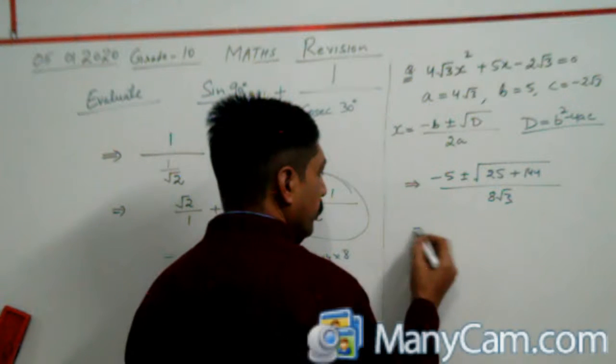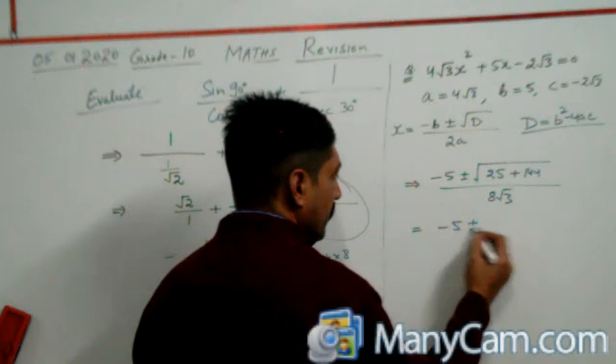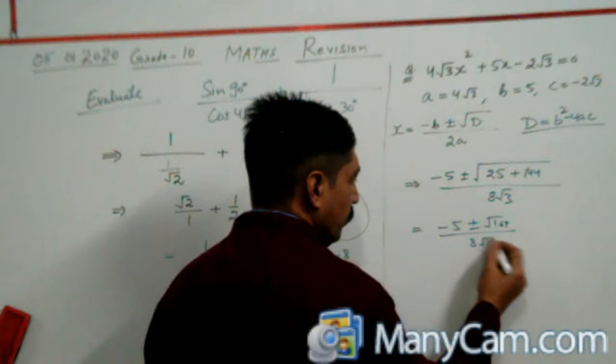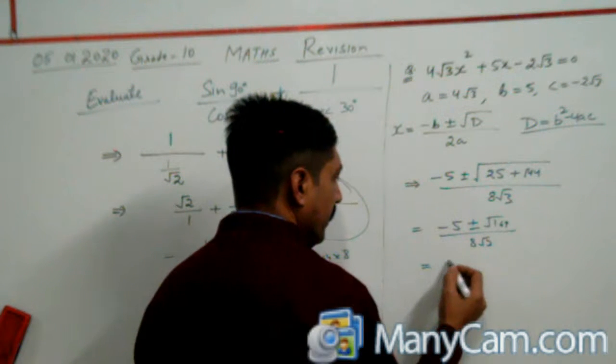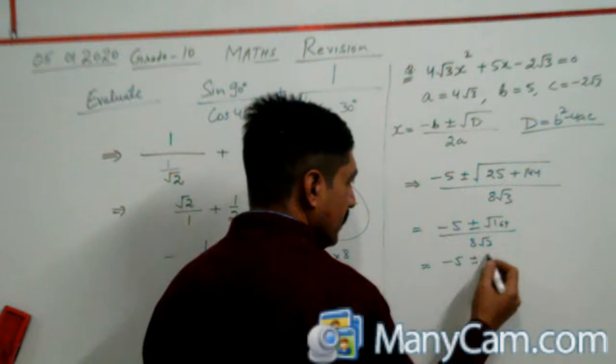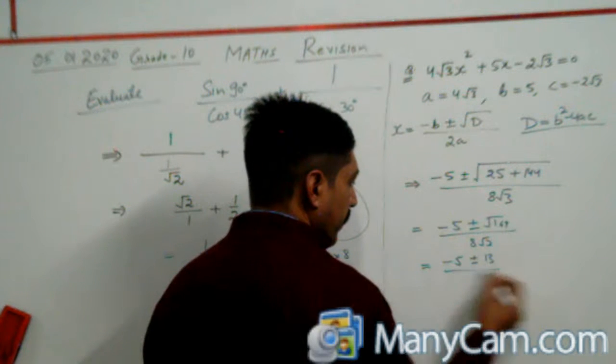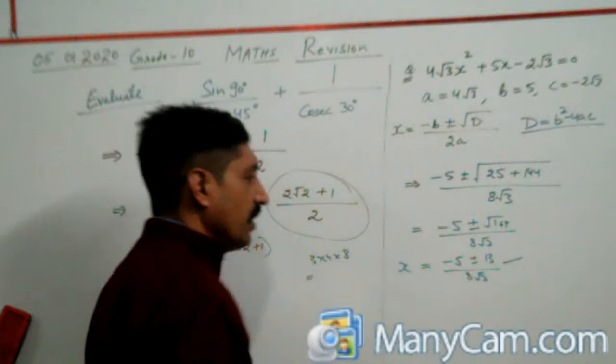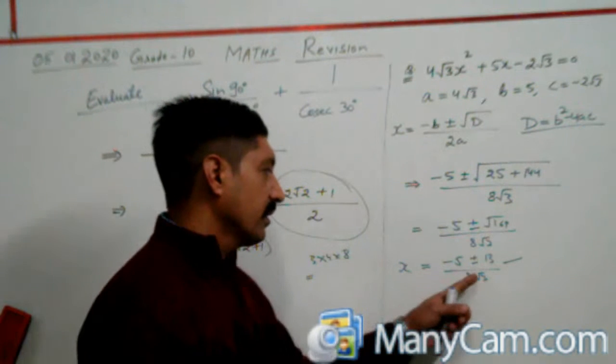So this is equal to minus 5 plus minus 169 divided by 8 under root 3. So we have minus 5 plus minus 13 divided by 8 root 3. So these two values we can find.